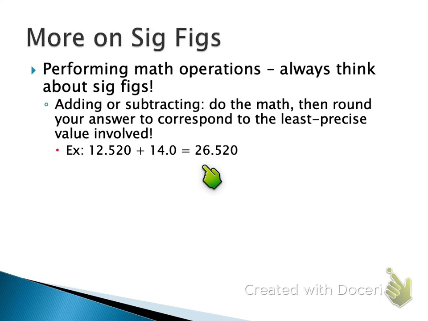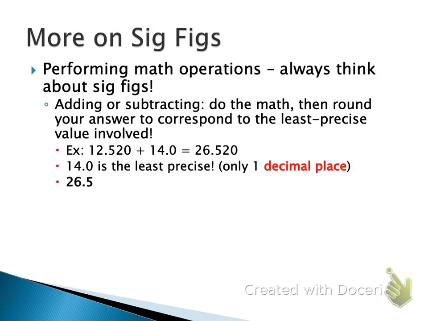It can only have 1, which means my correct answer should be 26.5, right? Does this 2 round the 5 up or down? Down. Right? This 2 rounds it to a 5. If it was 26.58, then that would become 26.6.